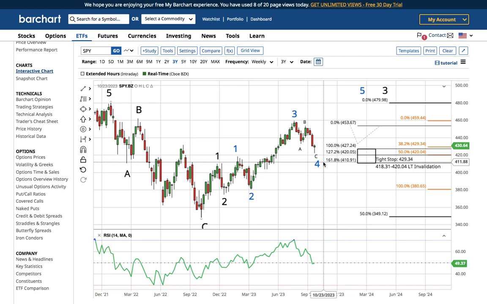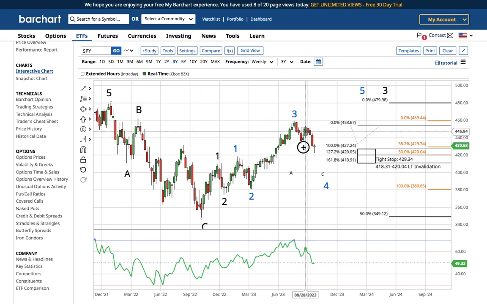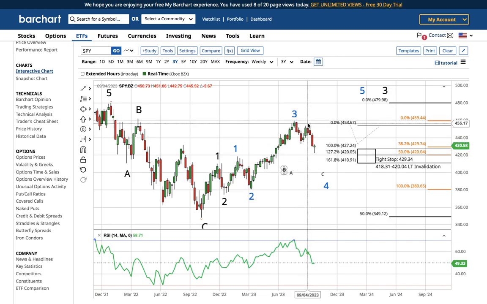And generally, if someone's using the ABC correction method, where they're just looking for an ABC, they're saying, hey, this wave C is going to end, and we're going to go make a new high within the impulse. They'll generally use the 161.8% extension as the stop. Now, if that does break using this method, it's going to give credence to the bear argument that this isn't an ABC correction.